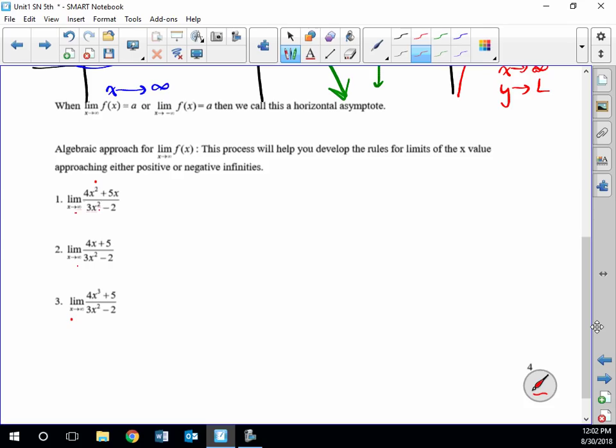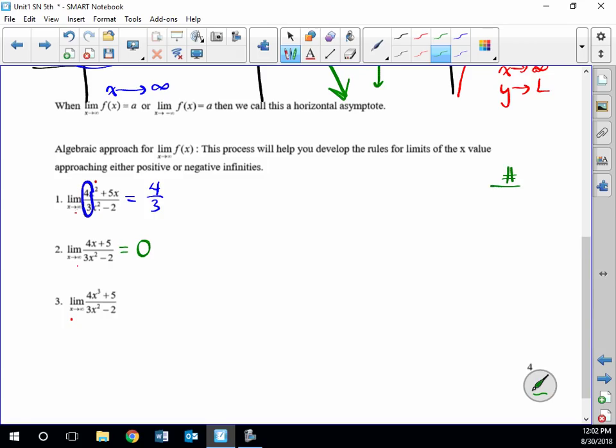So the first one here, we notice that the powers are the same, so we're just going to look at the coefficients, 4/3. That's the limit as x goes to infinity, since the powers matched. The next one here, since the largest power is in the denominator, that one grows quicker, so the denominator is getting bigger quicker, that's going to 0.